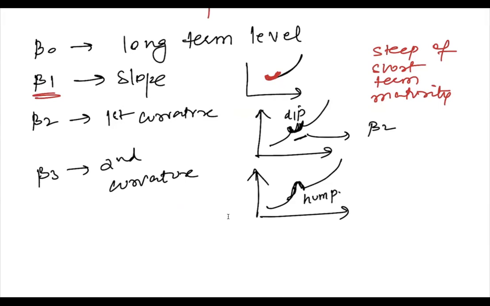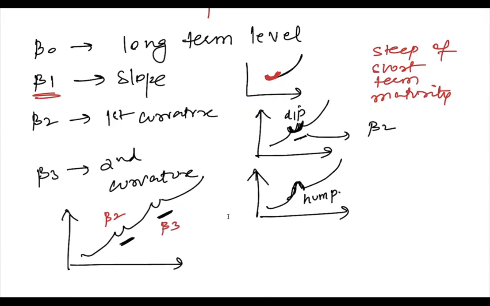If there are two dips, beta 2 will capture the first dip and beta 3 will capture the second dip. So basically beta 2 captures the first curvature, and beta 3 captures the second curvature.